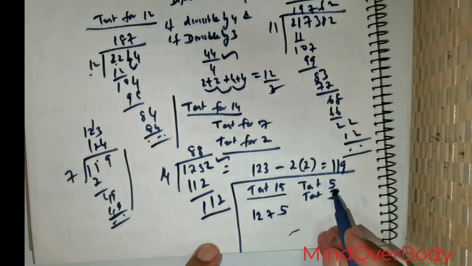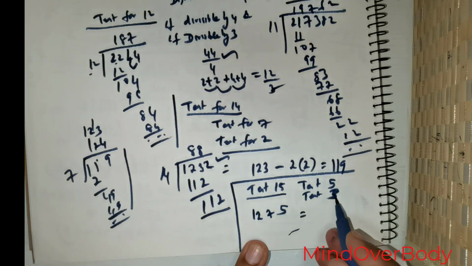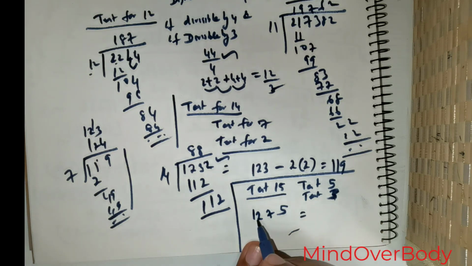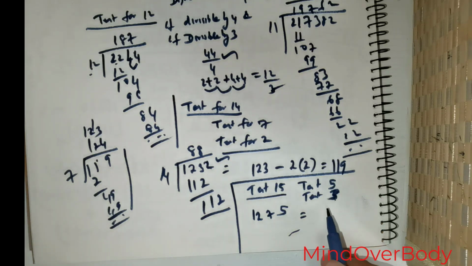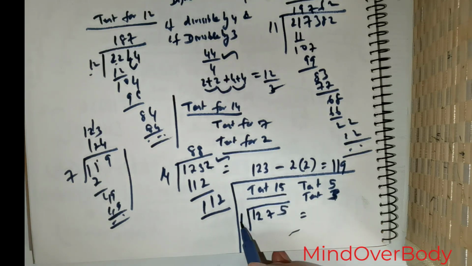Clearly this is divisible by 5, right? For the divisibility test for 3, I need to sum up the digits. 1 plus 2 is 3, 3 with 7 gives me 10, and 10 with 5 gives me 15, and clearly it is divisible by 3. So this number 1275 is divisible by 5 and 3. That means this number will also be divisible by 15.